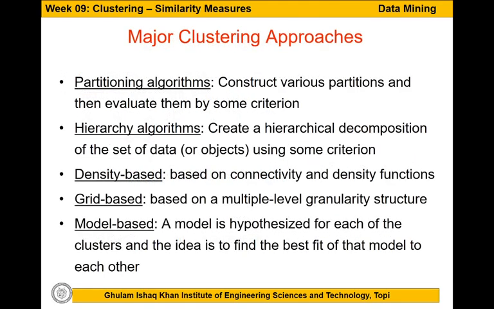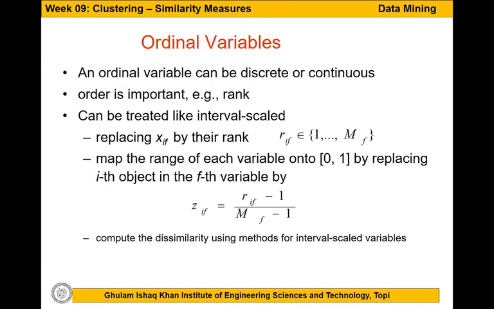So here the rank does matter. For ordinal variables, usually the ranks are converted into the range of 0 to 1 using this formula, where MF is the total number of ranks, and RIF is the rank value of the record being converted between 0 and 1.